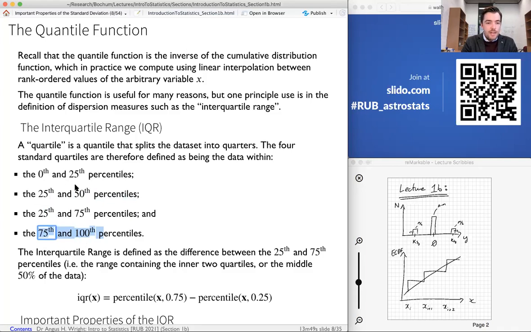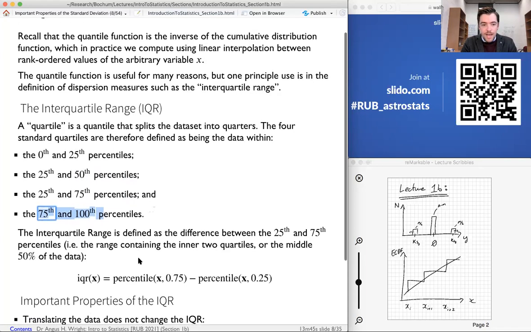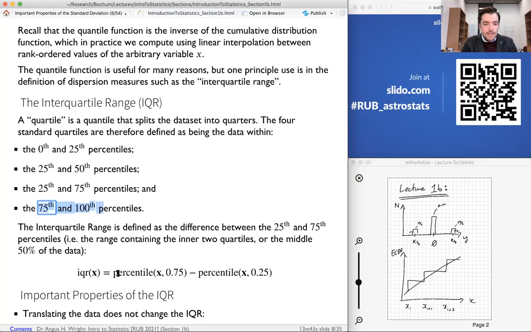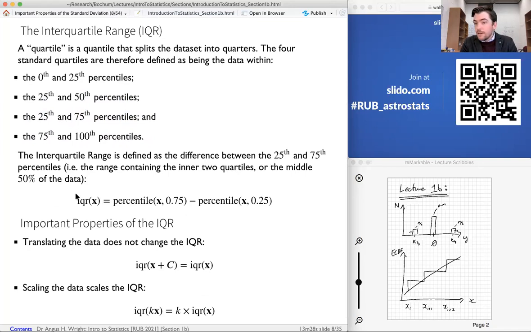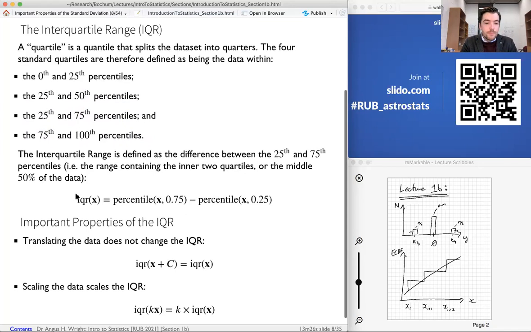So these are the standard four quartiles, and the interquartile range is defined as the difference between the 75th percentile and the 25th percentile. So essentially it is the range that encloses these two inner quartiles, or the middle 50% of the data, thinking about it another way.